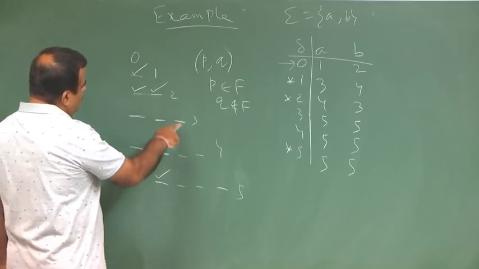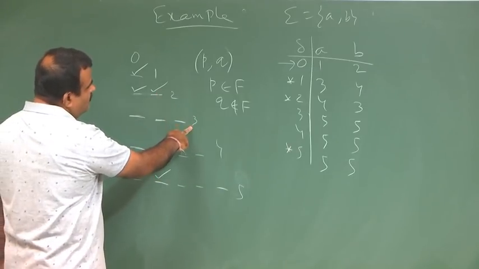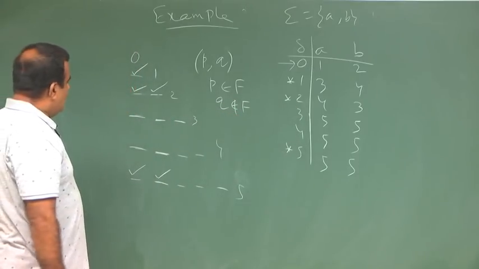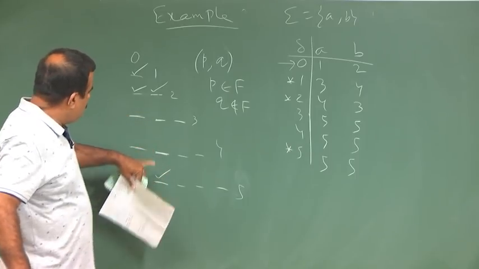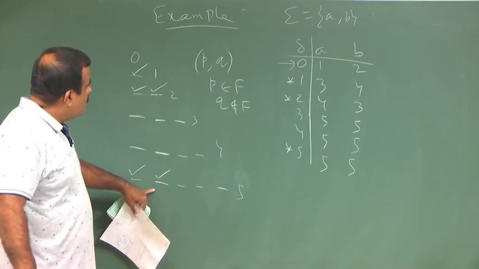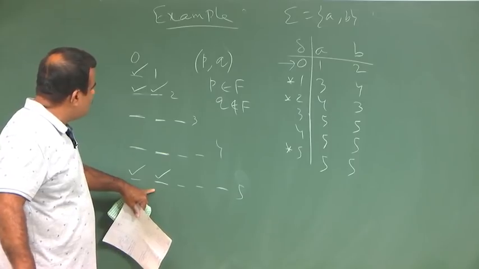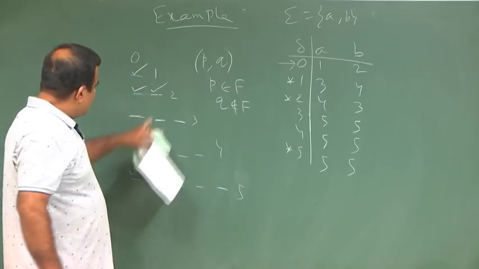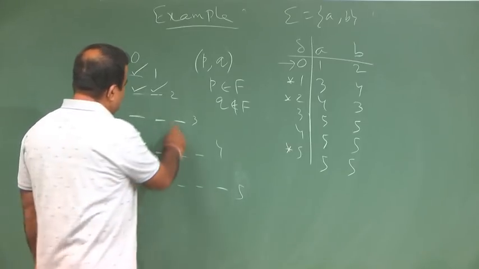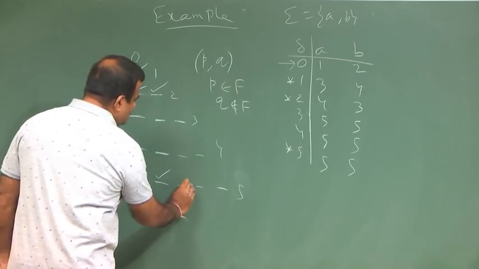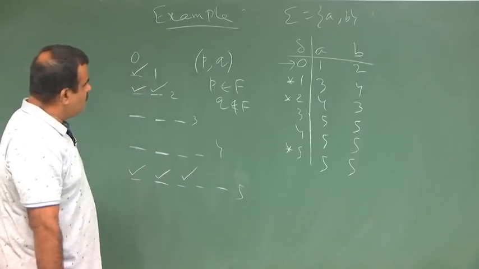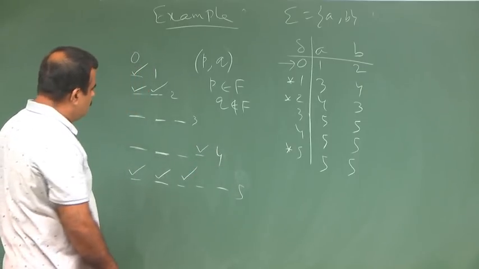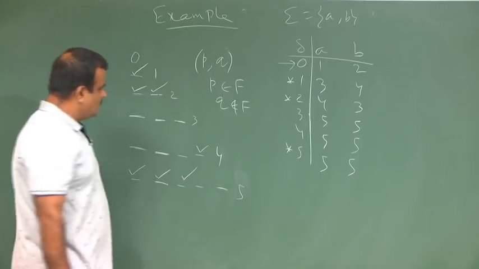So, 1 2, 1 3 no, 1 3 they are in different, and 1 4 no, 1 5 yes, because they are in accepting state. Okay. Then 2 3 is no, 2 4 no, 2 5 is yes. Now, 3 4 is yes, 3 5 no, then 4 5 no, this is the situation for the first one.